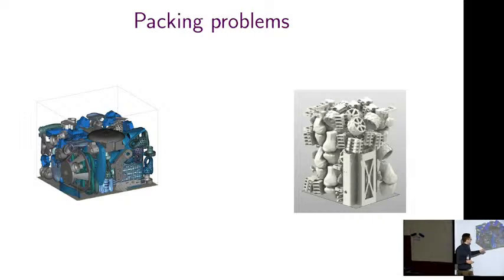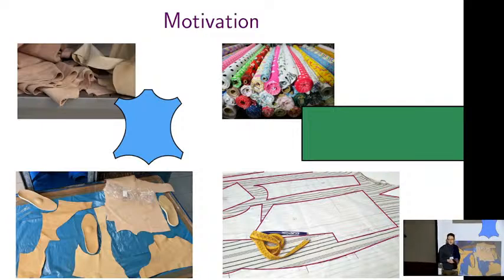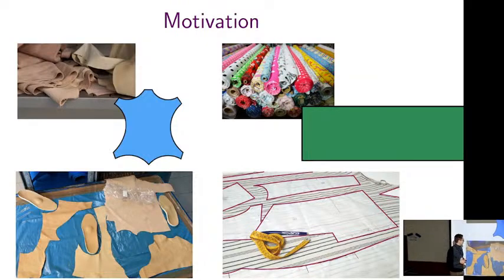Yeah, and also in 3D printing, we have nice three-dimensional versions of some very complicated irregular packing problems. And then what is especially important in my talk is in the context of production of clothing and furniture.